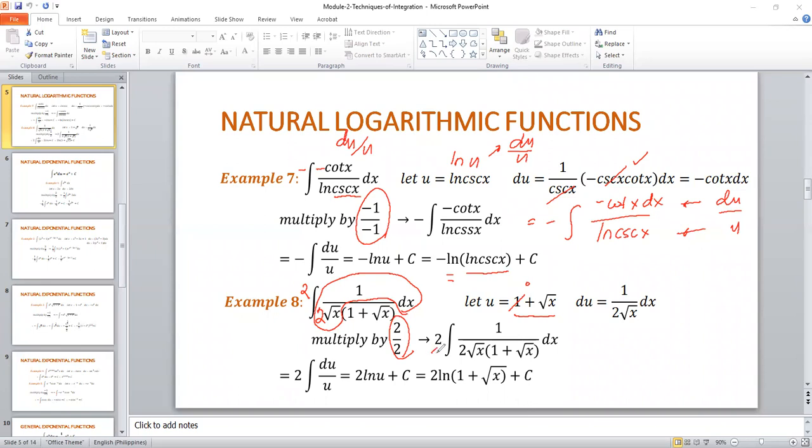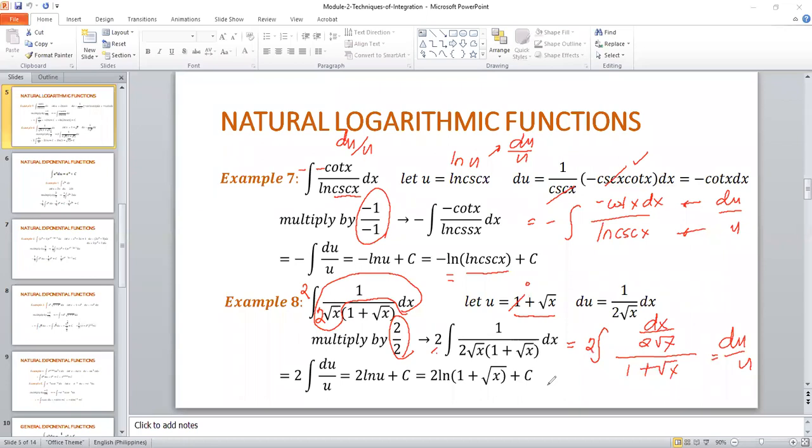If it's properly written, class, that way it's clear for you. It's 2 dx over 2 square root of x over 1 plus square root of x. This is comparable to du over u, which will yield an ln of this u. So it's 2 ln of 1 plus square root of x, because this is your u, plus c.